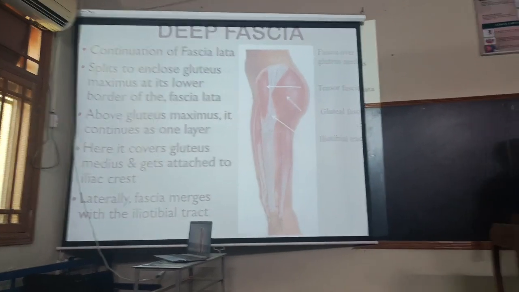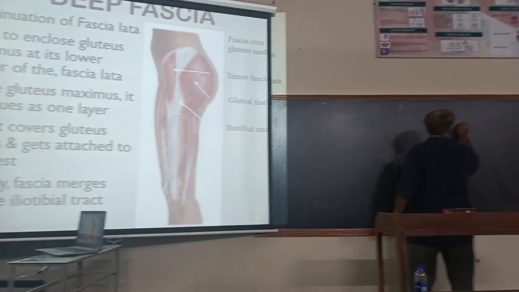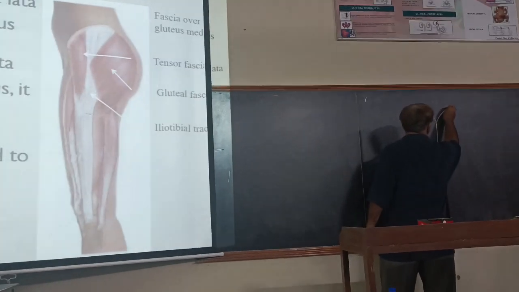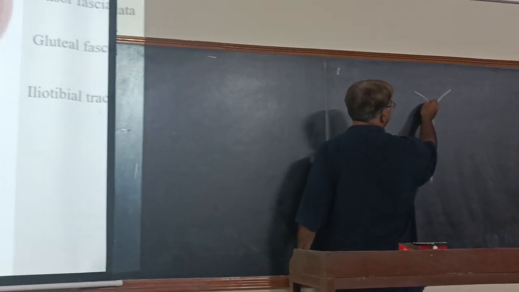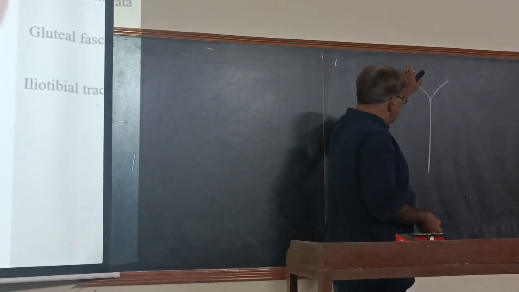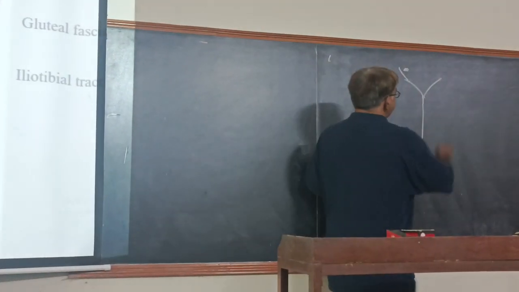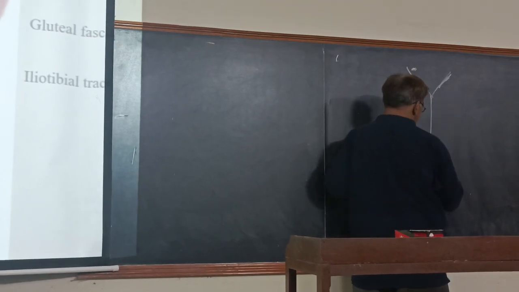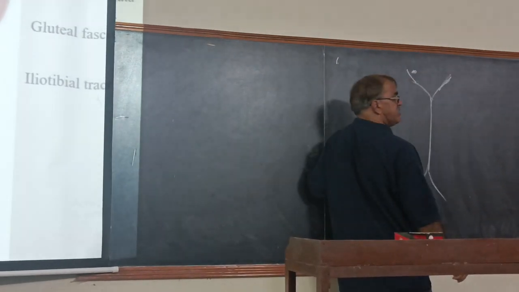You see here, this is the linea aspera. Suppose this is the right side, it is going medially. We have a lesser trochanter. It goes anteriorly to be continuous with the intertrochanteric line. It goes laterally here, and lower down into the supracondylar ridges.